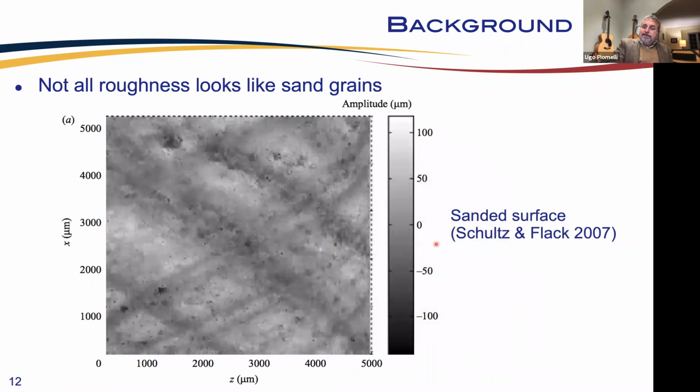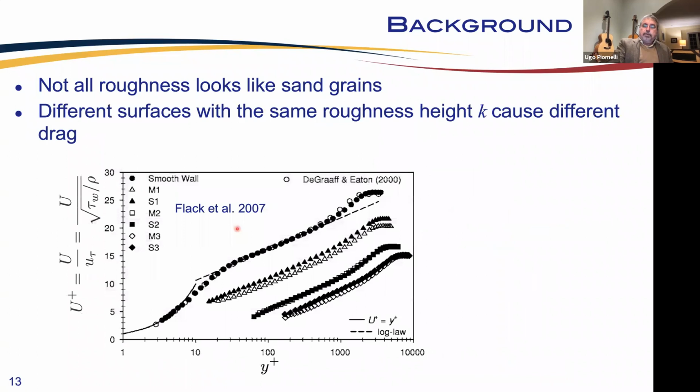If you have a sanded surface, the preferential directions depend on the sanding, so on the manufacturing of the piece. So the shape of the roughness is not always sand, and the drag depends on the detail of the surfaces to some extent.